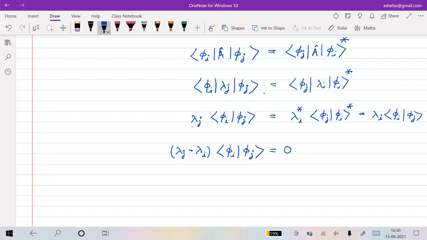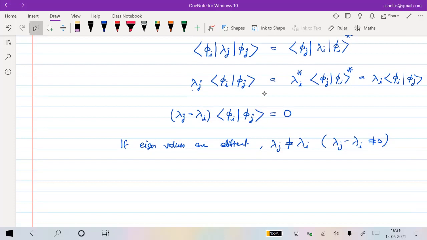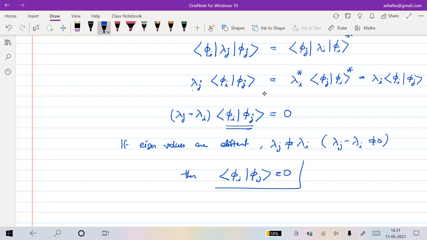Now if the eigenvalues are different, then lambda j must not be equal to lambda I. So lambda j minus lambda I cannot be 0. Then how would this equation be valid? If lambda j is not equal to lambda I, then the only possibility is that the inner product phi I, phi j must be 0. So that means the vectors phi I, phi j are orthogonal.